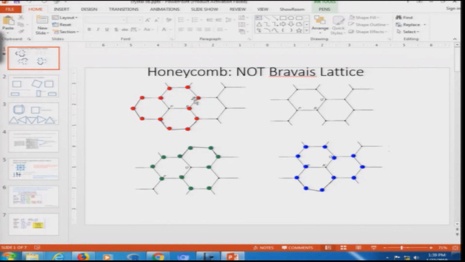If you look at the points P and Q, and at the distribution of atoms around P and Q, they of course look exactly identical, but if you look at the distribution of points around R, it looks as if you have rotated it by 180 degrees, and from here you get this sort of a configuration. So, the point R is not equivalent to point P and Q. This is not a Bravais lattice. The arrangement of atoms is not identical.